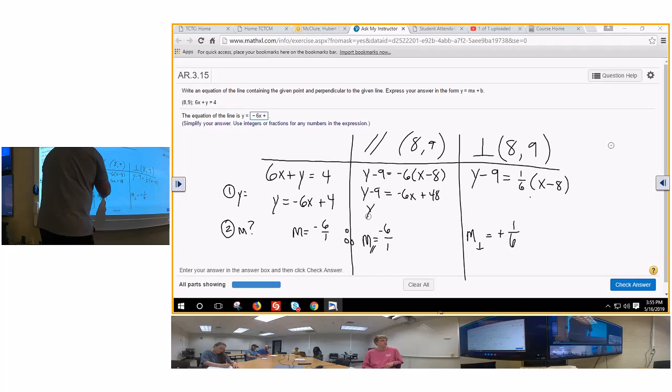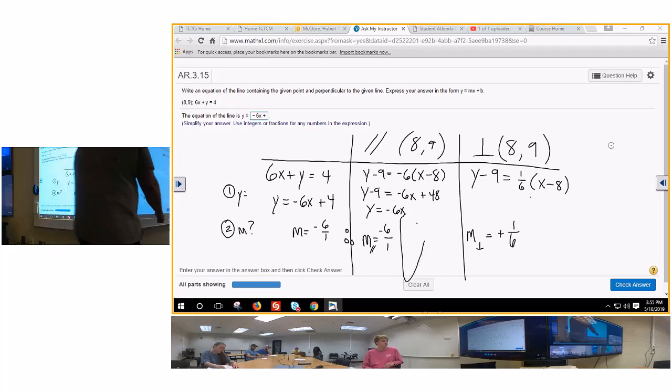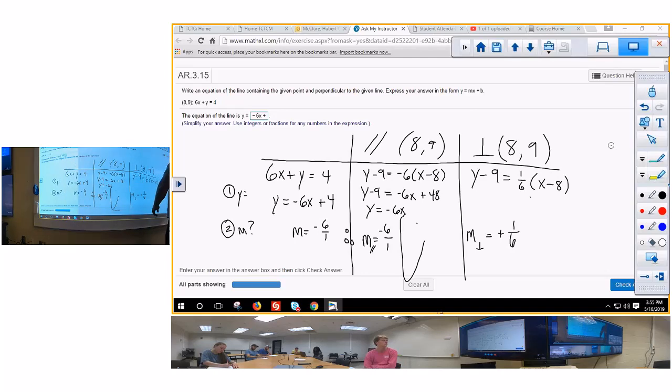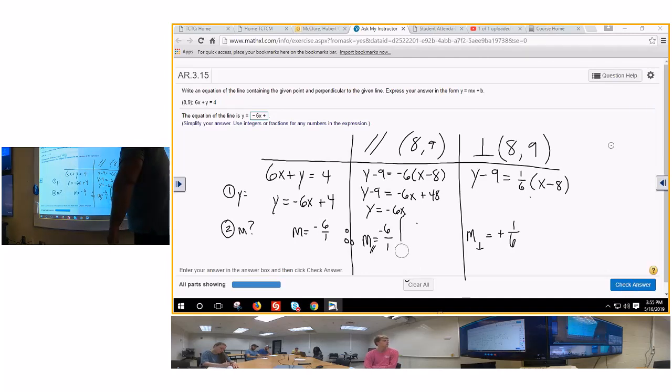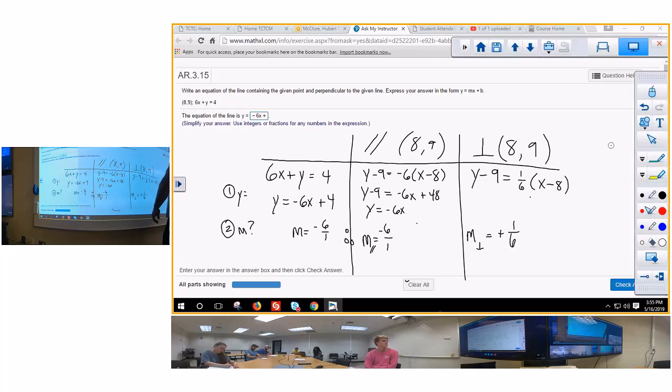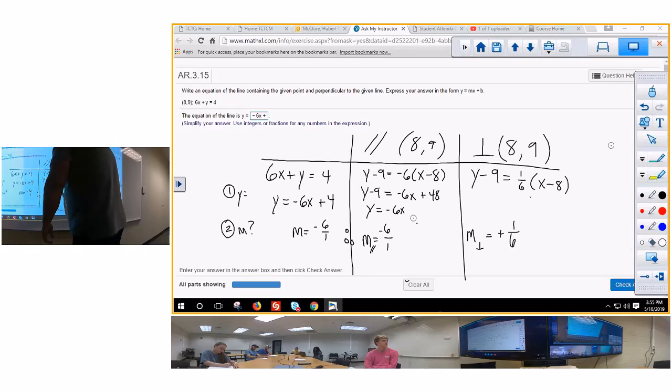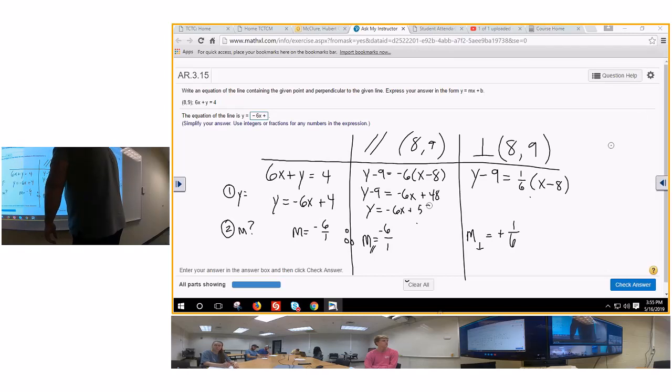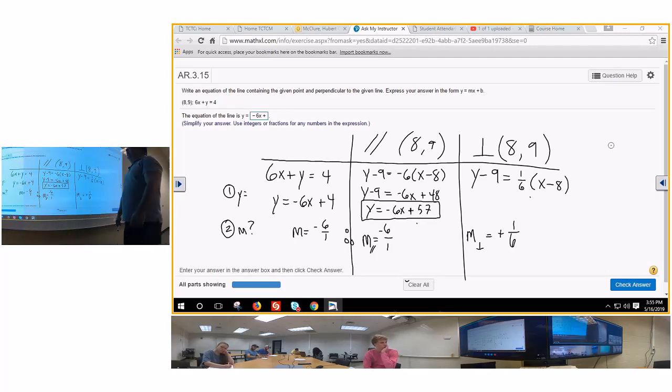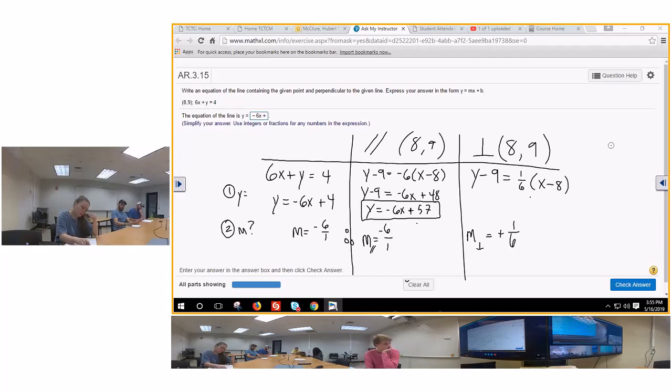And y is equal to negative 6x. What is 48 plus 9? 57? So that is your parallel line and your perpendicular line.